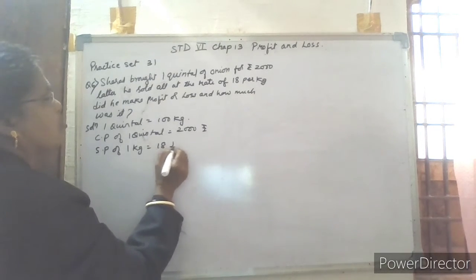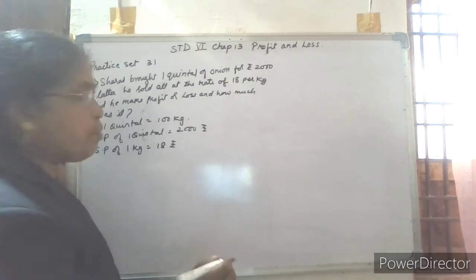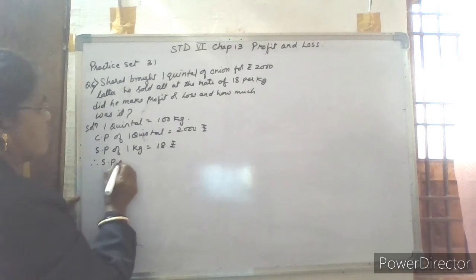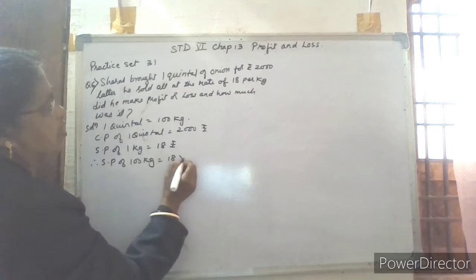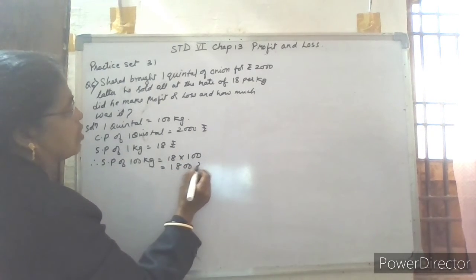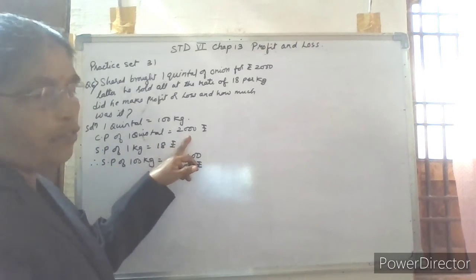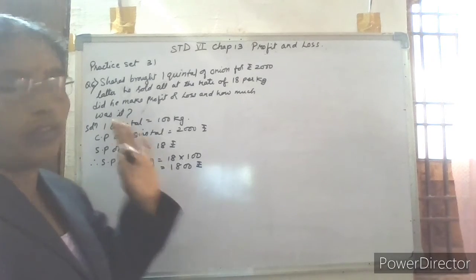Therefore, we have to find out the selling price of 100 kg. Selling price of 100 kg is 18 into 100, that is equal to 1800 rupees. But he bought it for 2000, and after selling all the onions, he got 1800 only.